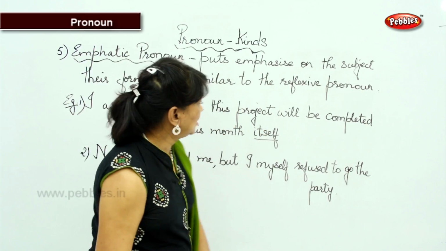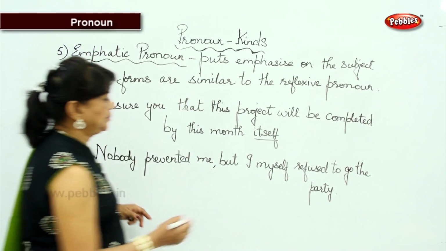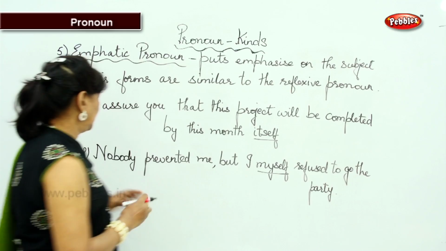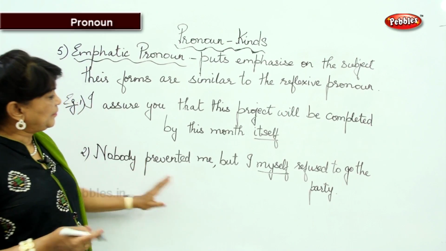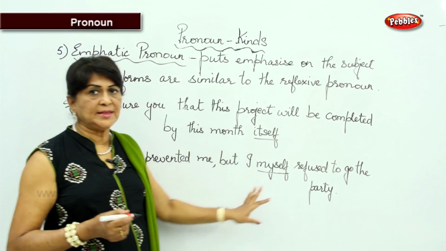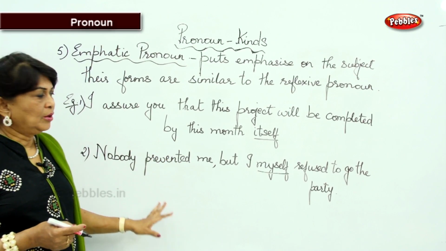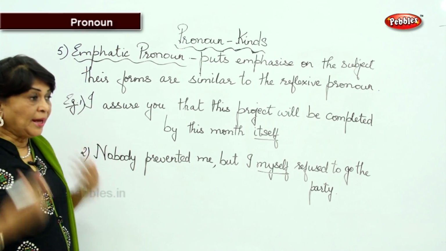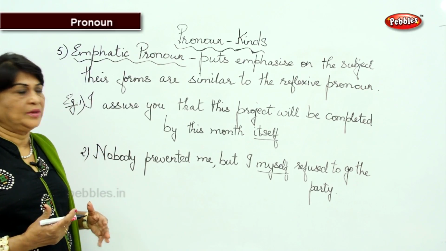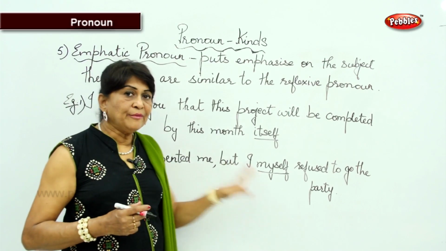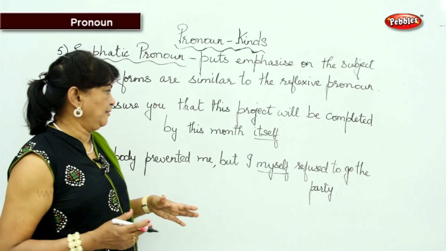Okay, if you see this, it is nobody prevented me but I myself. It is not her, or it is not him, or it is not it, but myself, I myself. Okay, you are laying emphasis on myself.